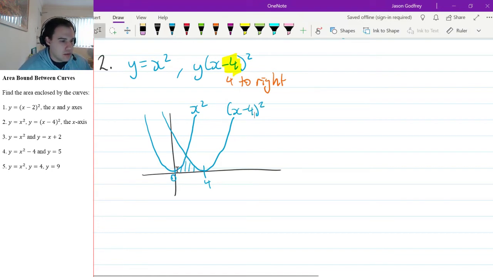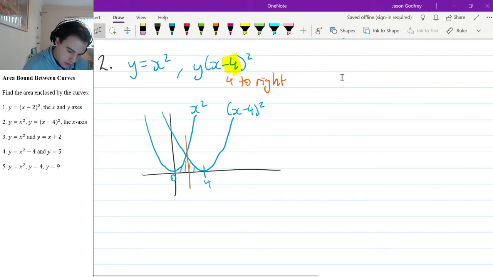If we found what this point is here on the x-axis, we could find the area under x squared up to this orange line, and then find the area under (x minus 4) squared from the orange line up to 4.